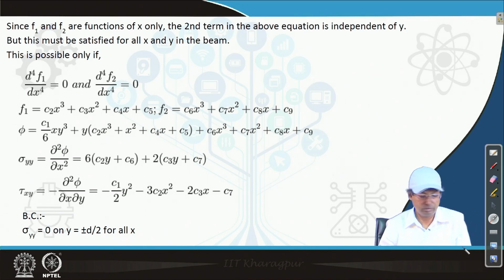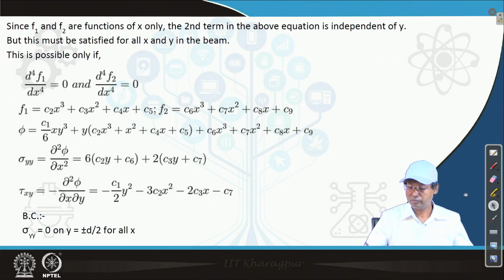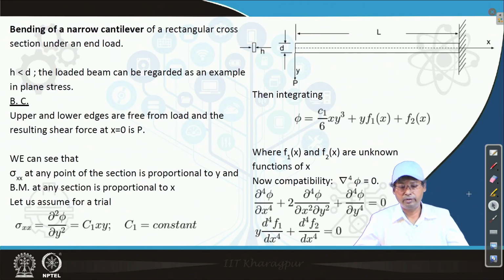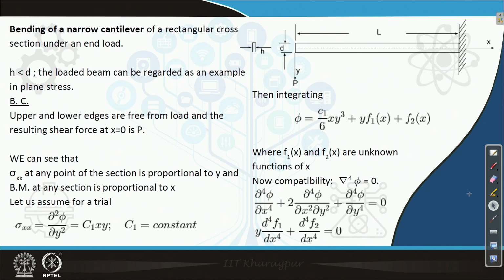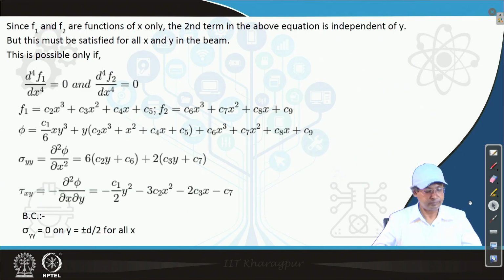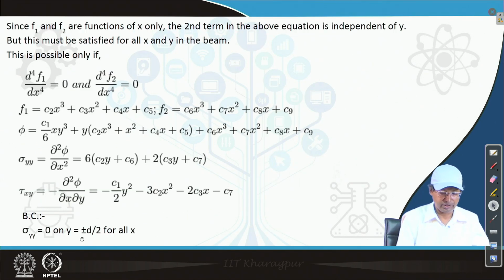If we go back to the previous figure, we can easily observe that at these points, which are plus minus d by 2, it is definitely stress free, and that is the reason we say this boundary condition holds. So, with this note we move forward.